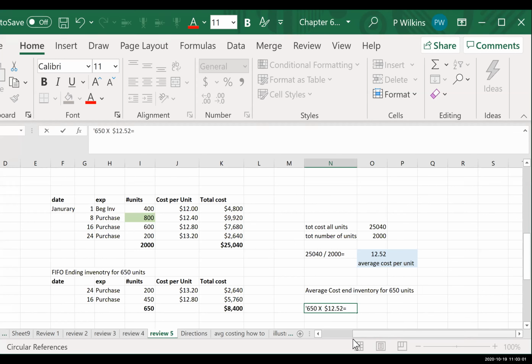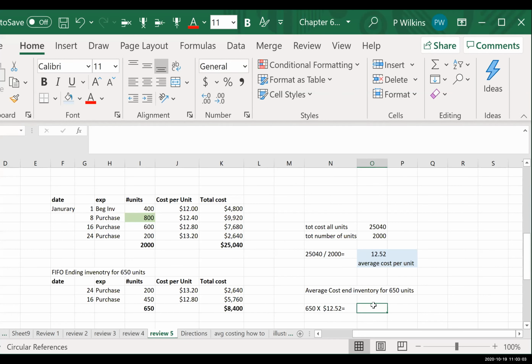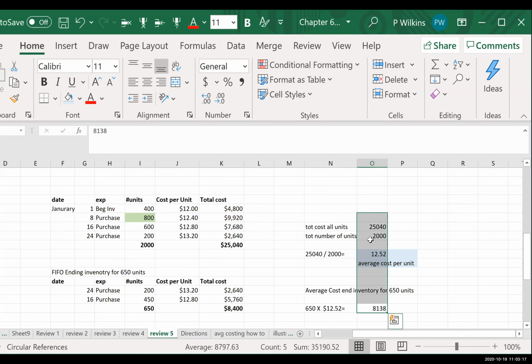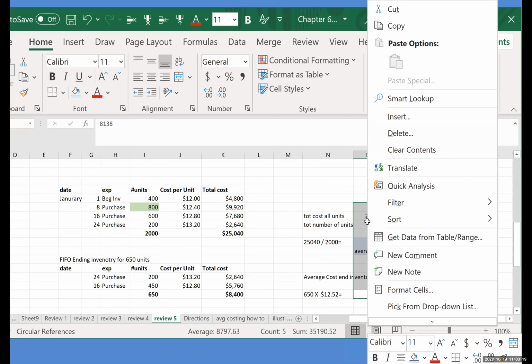We're going to see our total cost of ending inventory using the average costing method is $8,138. Okay. All right, so that's the average costing method.